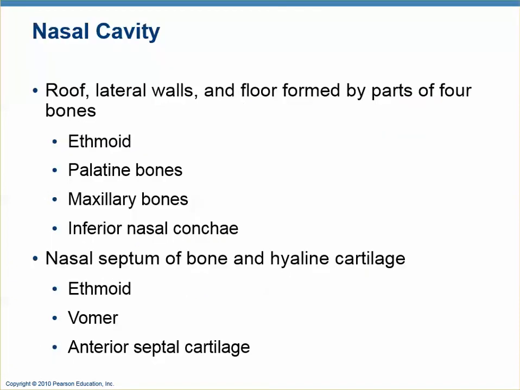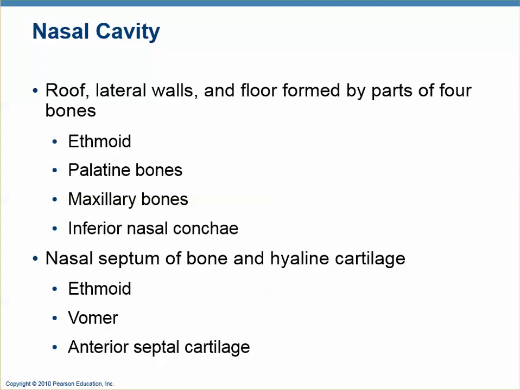The nasal cavity is an interesting place because it's formed by the ethmoid, palatine, maxilla, and inferior nasal conchae, and that forms the lateral wall. The nasal septum is the ethmoid bone and the vomer bone and some cartilage.